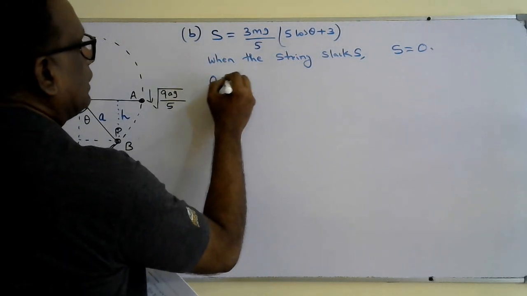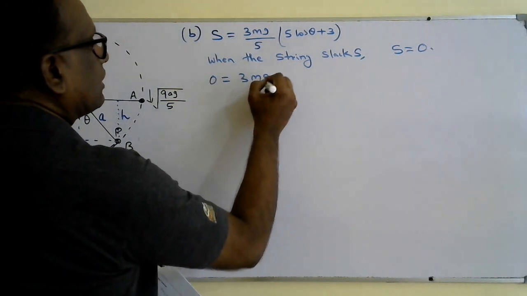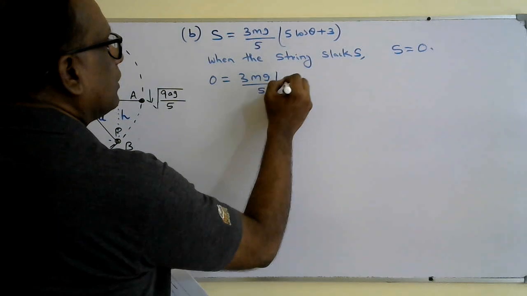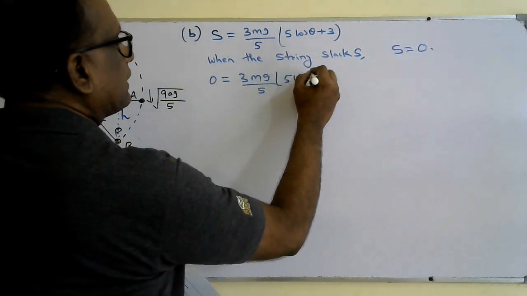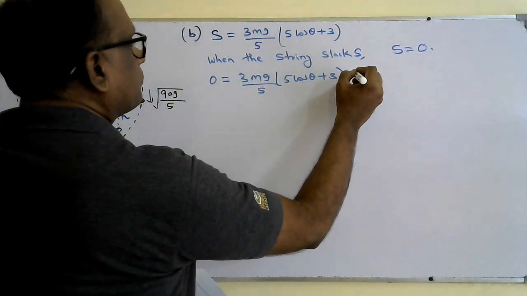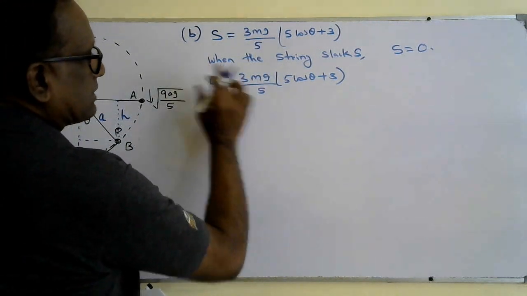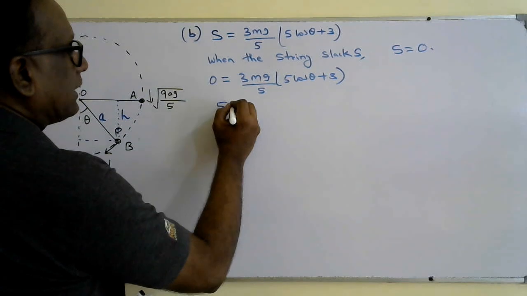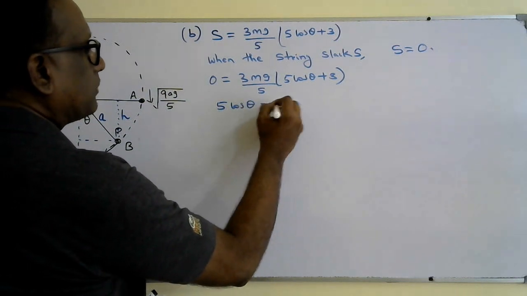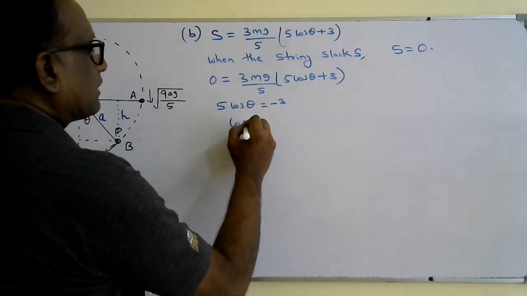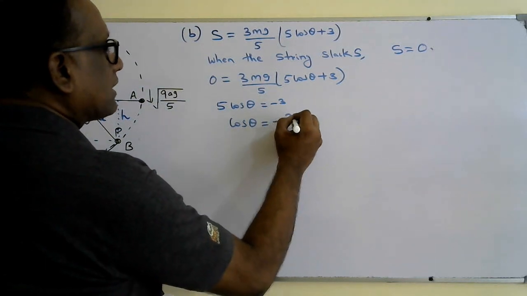Substitute 0 equal to 3mg over 5 times (5 cos theta plus 3). You can multiply or divide the 0. So finally you will get 5 cos theta equals minus 3, cos theta equals minus 3 by 5.